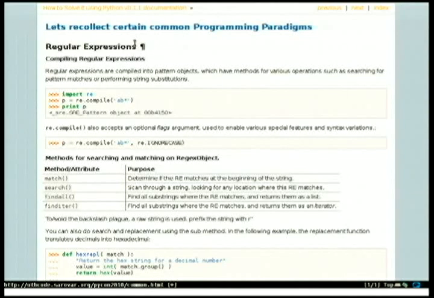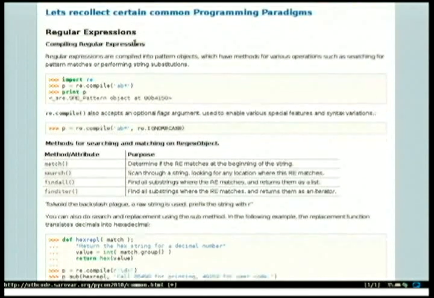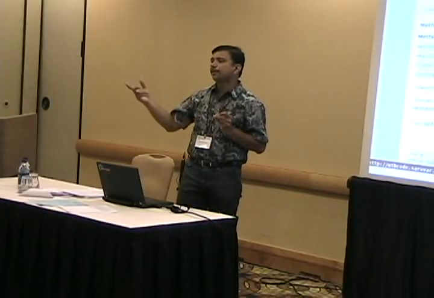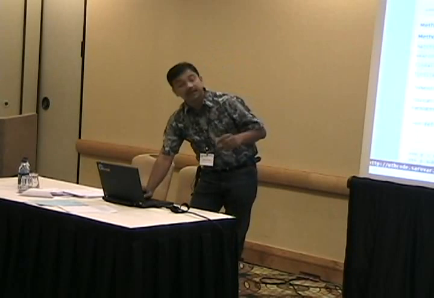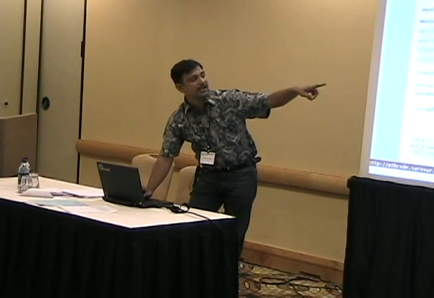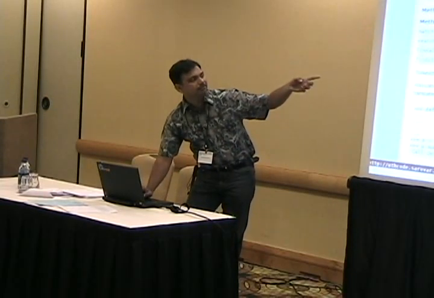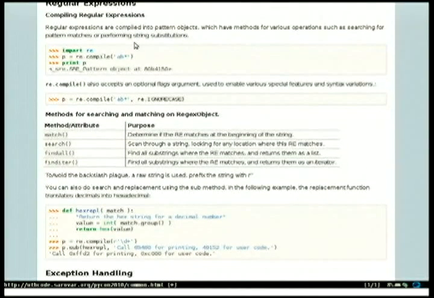So in order to search for this pattern, I will use these methods, which are match, search, findall, and finditer. Any regular expression object which I've got using the compile method, I can operate on using these. Match will match if the regular expression matches at the beginning of the string.